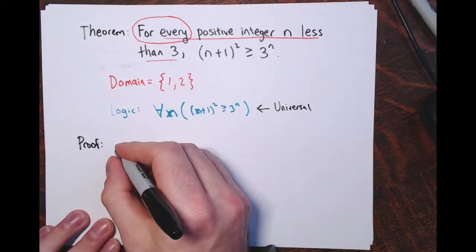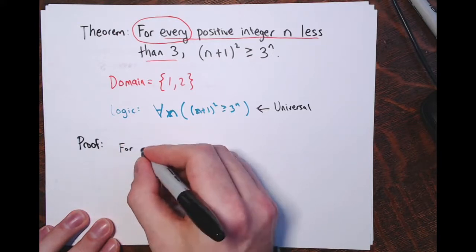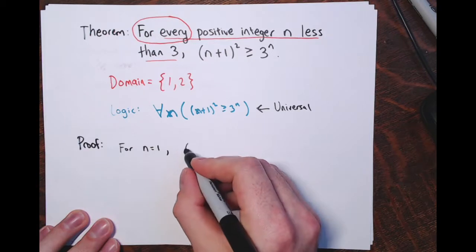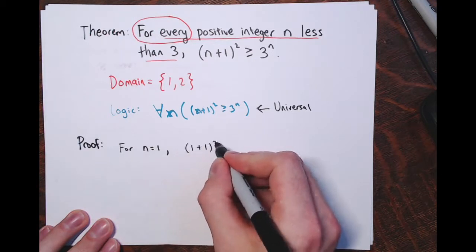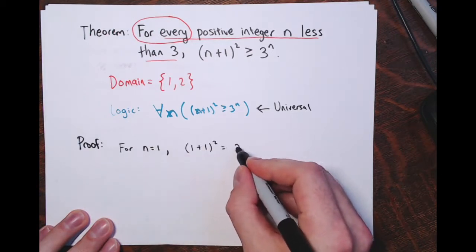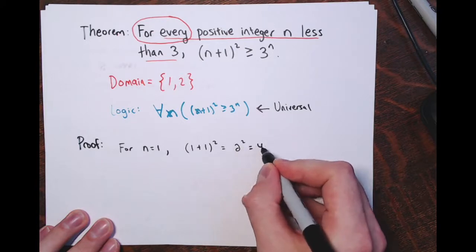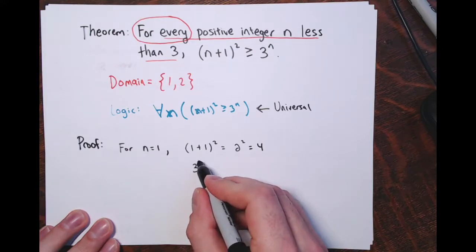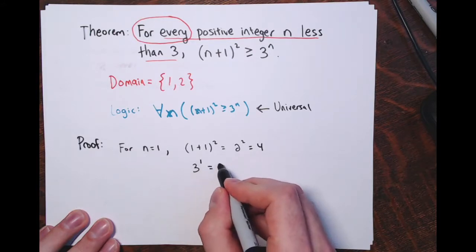So proof, for n equals 1, you plug it in. 1 plus 1 squared is equal to 2 squared, right? That's equal to 4. And 3 to the first is equal to 3.